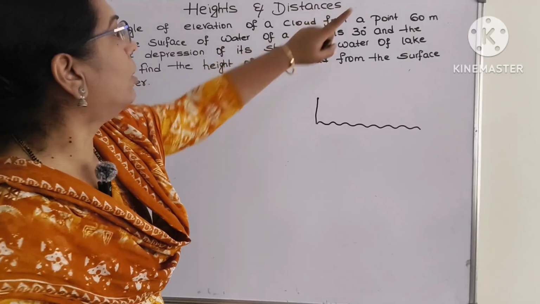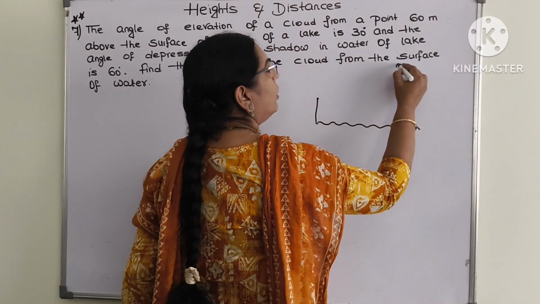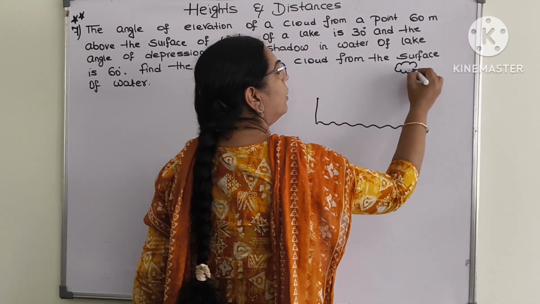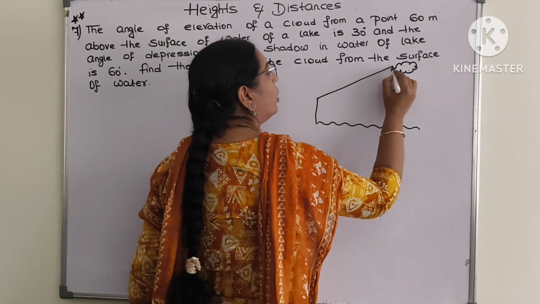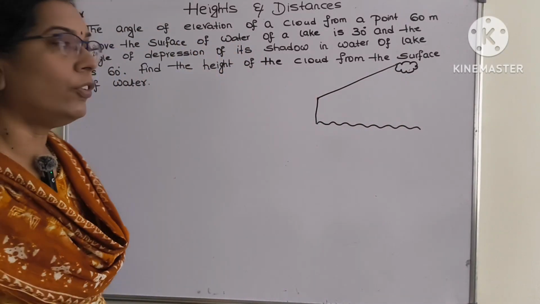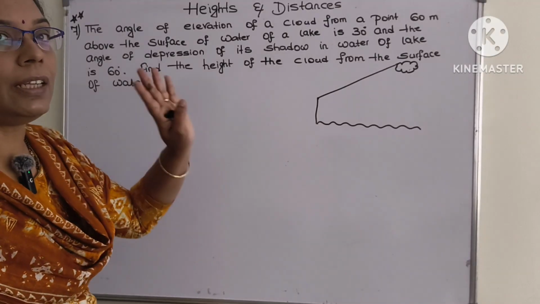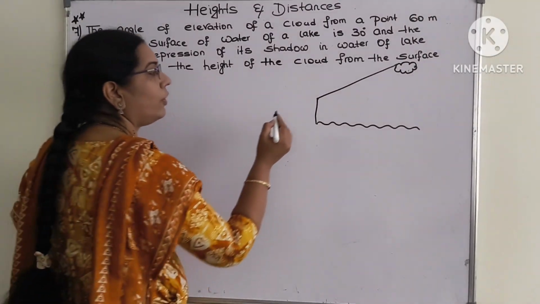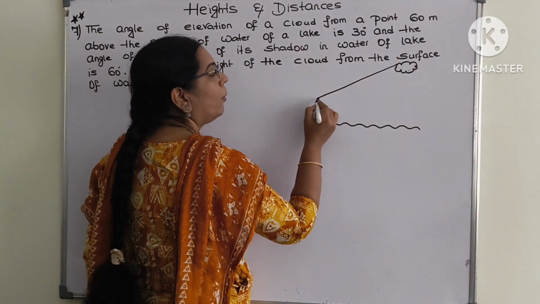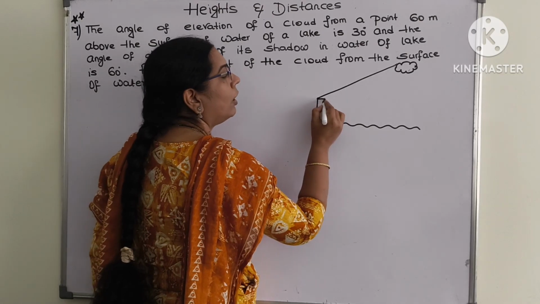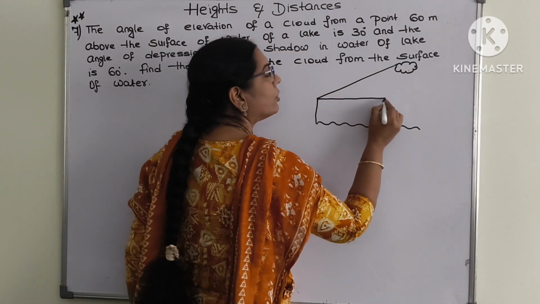A person is looking at a cloud. So let this be the cloud. And when you look up, naturally you will get the angle of elevation. What is the angle of elevation? It is 30 degrees. Now, how will you draw the angle of elevation? From this point of observation, draw a line parallel to the surface of the lake.